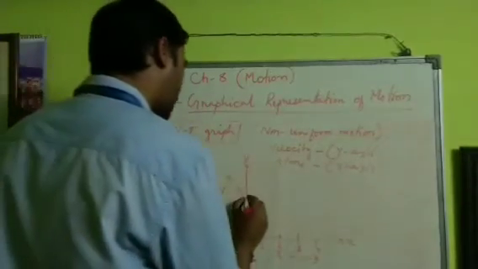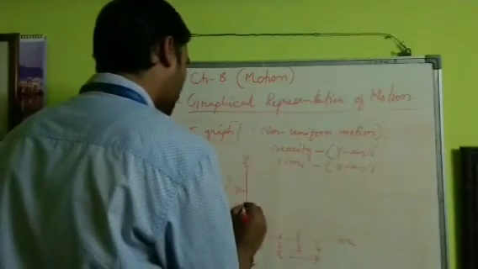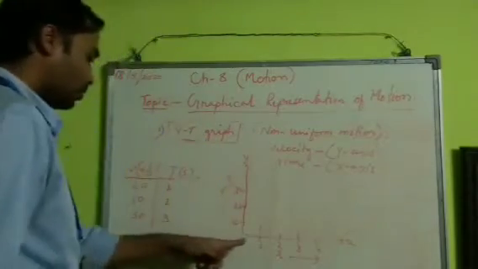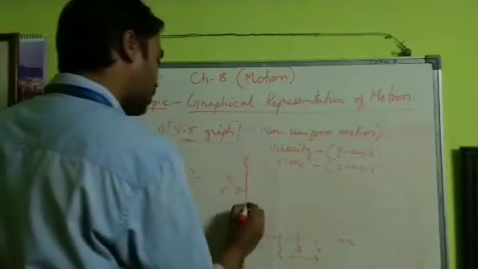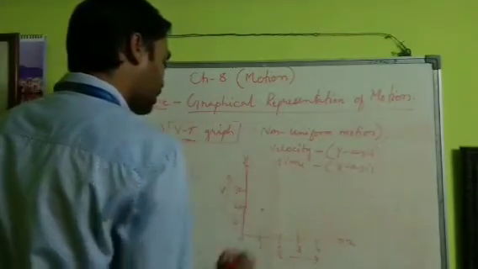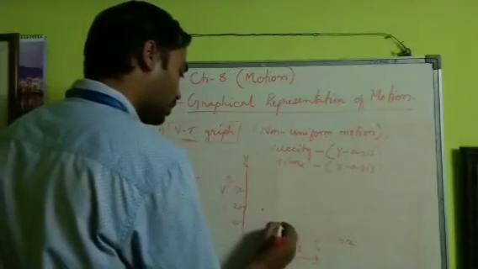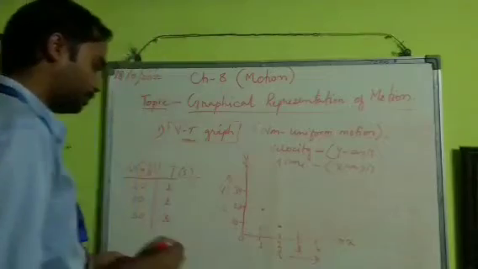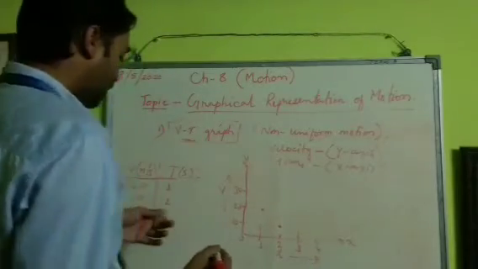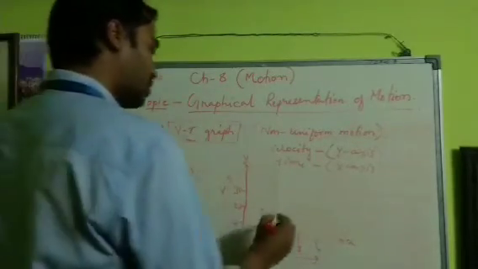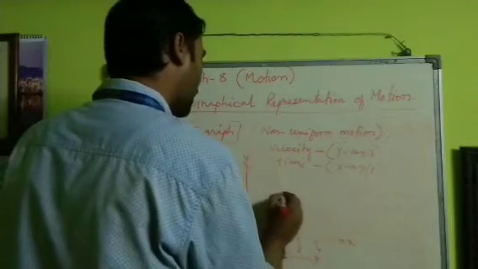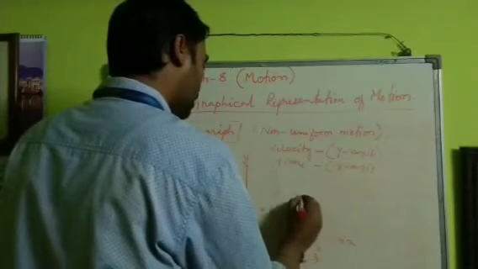So here, velocity at the end of 1 second is 20, so let it be here. Then the velocity reduces to what? 10 at the end of 2 seconds. So this comes here. Now at the end of 3 seconds the velocity again increases to what? 30. So here it will be like this.